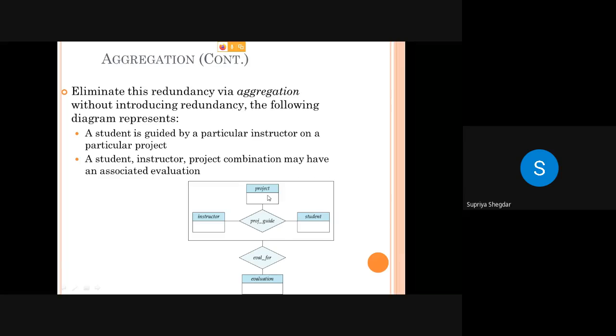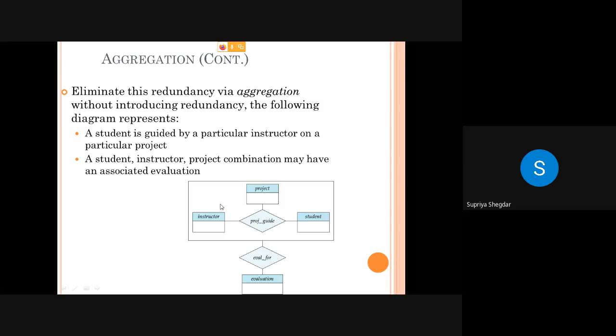We consider this particular relationship as an entity set. This project guide relationship, we can consider it as an entity set, and again we can represent the relationship evaluation for between the evaluation entity set and this whole entity set.